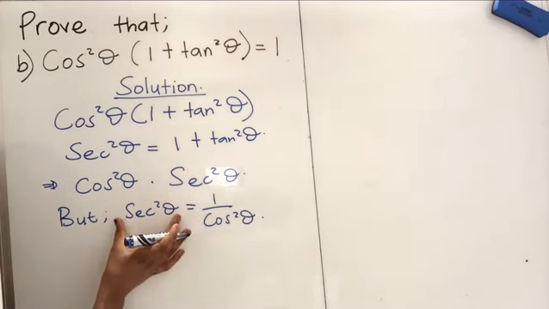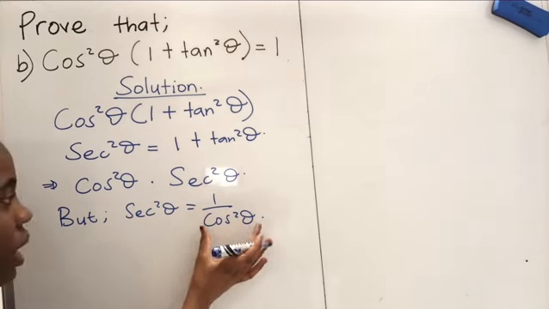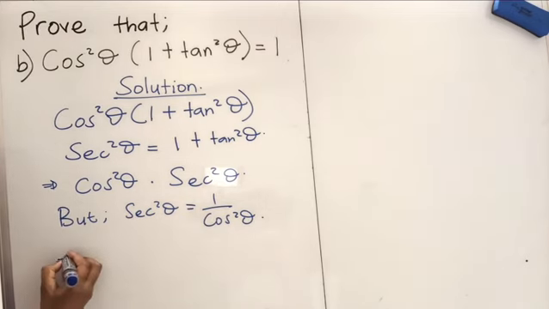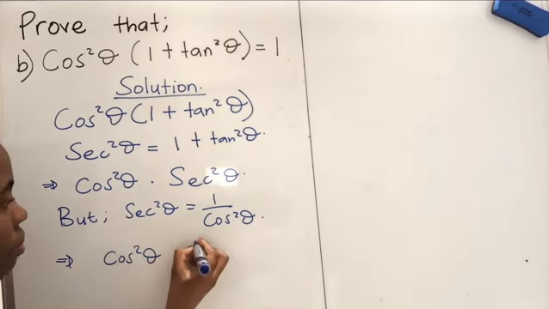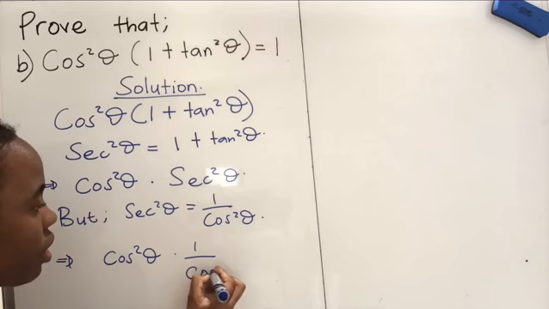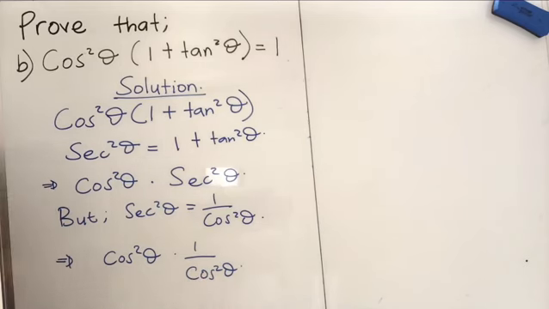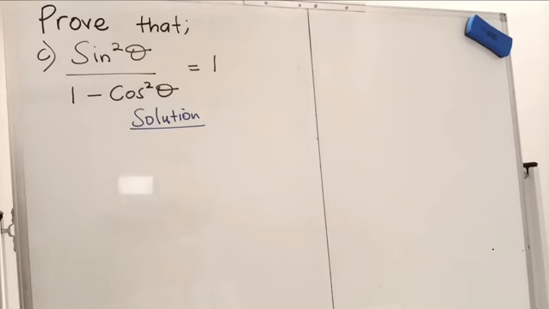I will replace sec squared theta with 1 out of cos squared theta. So this is going to be cos squared theta multiplied by 1 out of cos squared theta. Now cos squared theta and cos squared theta are going to cross out and I'm going to remain with 1. 1 times 1 is 1, divided by 1, it is 1. And this is our right hand side, so it is proved.